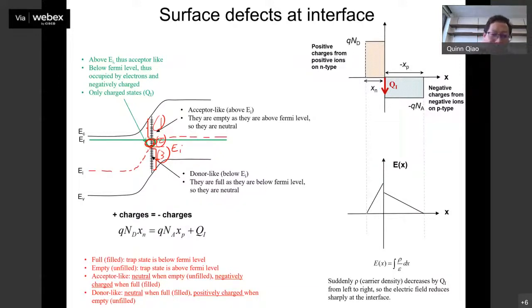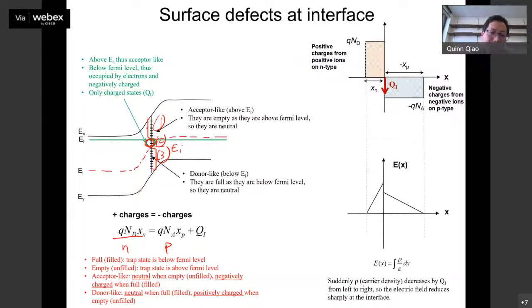Regularly, this is the N side and this is the P side, and QND times XN equals QNA times XP. That's what we discussed before.